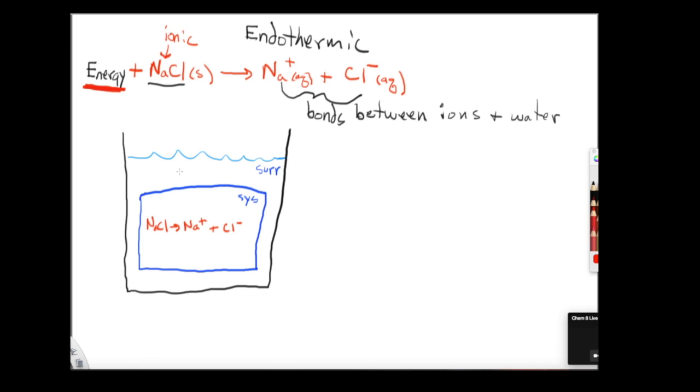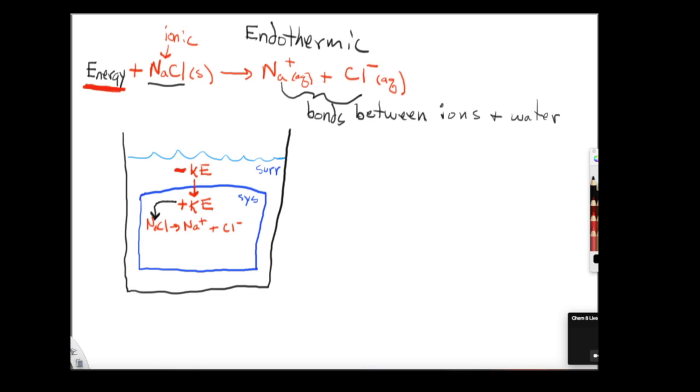And the source of that energy has to come from the surroundings into the system. That's where the energy is coming from. It's coming from the surroundings into the system. All right, and that is what is driving this reaction.